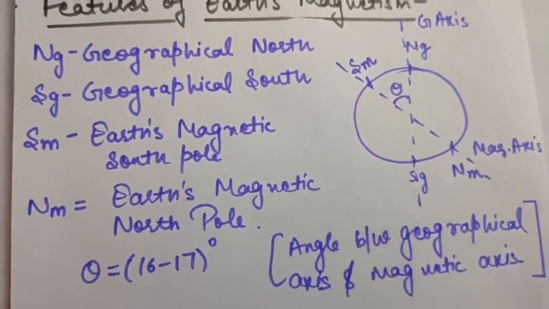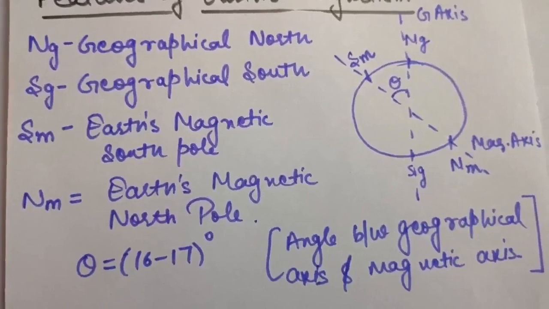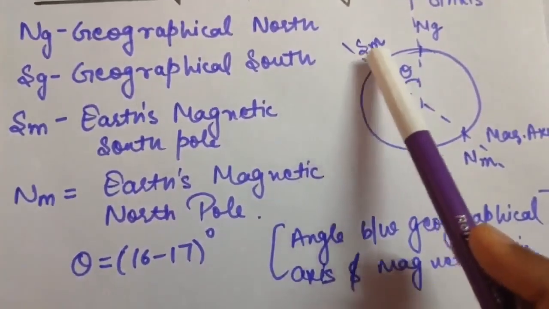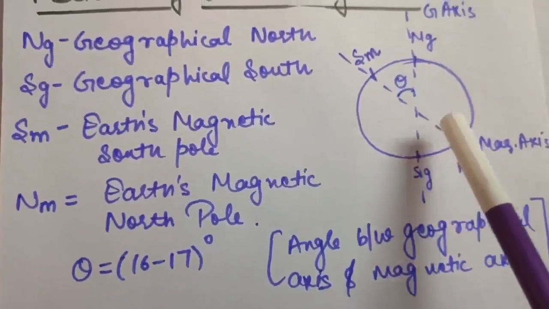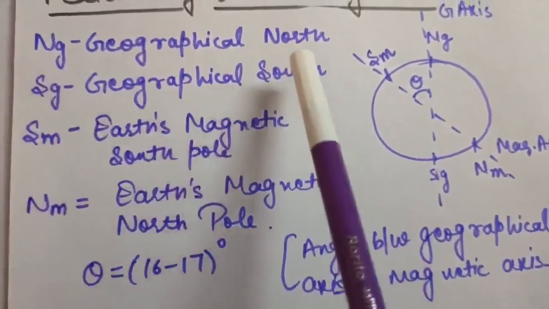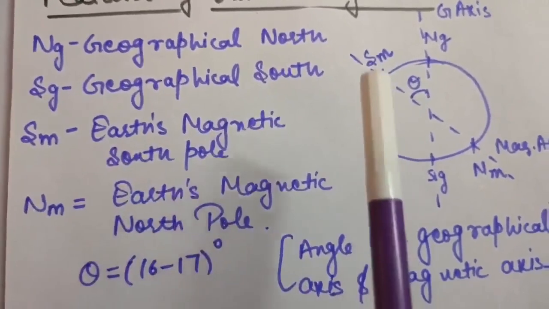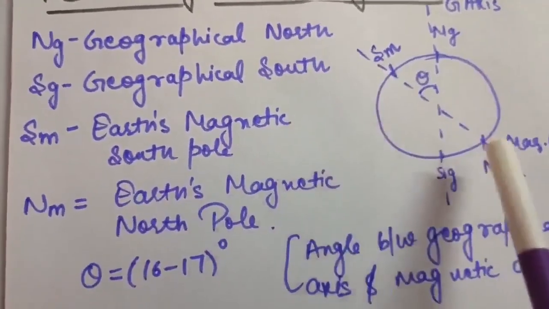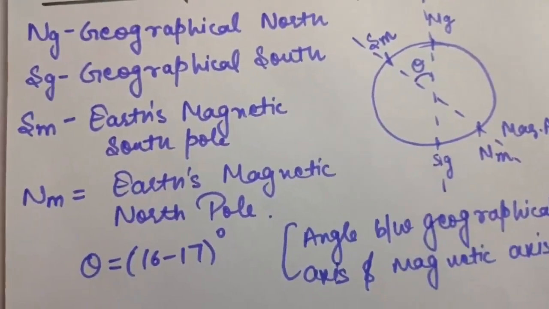If you now suspend a magnet, its north pole will come here and its south pole will come here. NG is geographical north, SG is geographical south, SM is Earth's magnetic south pole and NM is Earth's magnetic north pole. Always remember these are for Earth's magnet because Earth itself acts as a giant magnet.